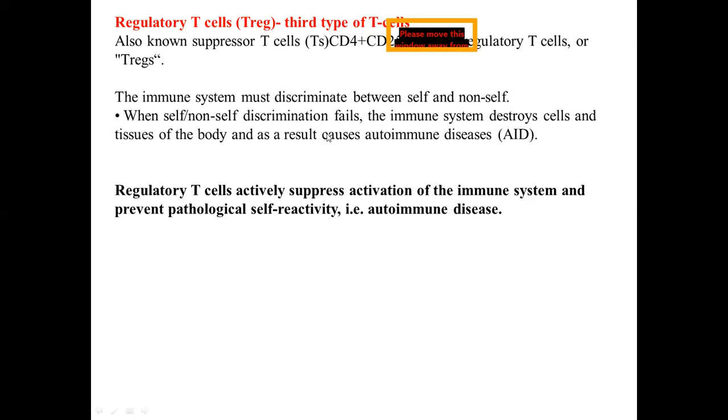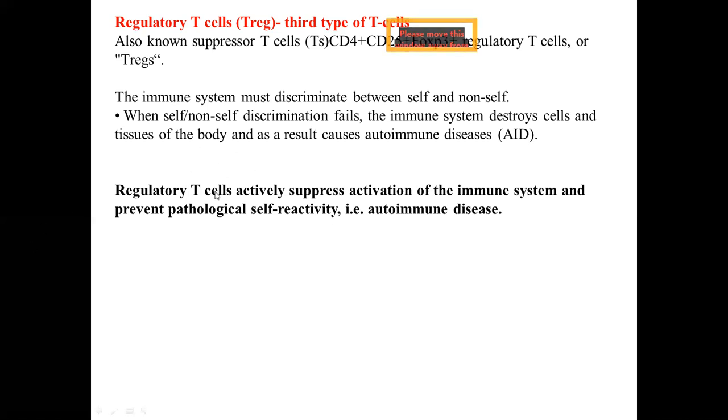It means that the body produces a lot of immune response against its own cells. The immune system should be able to recognize which is self and which is non-self. When it fails to do that, the immune response starts reacting against its own self cells, resulting in an autoimmune disease.